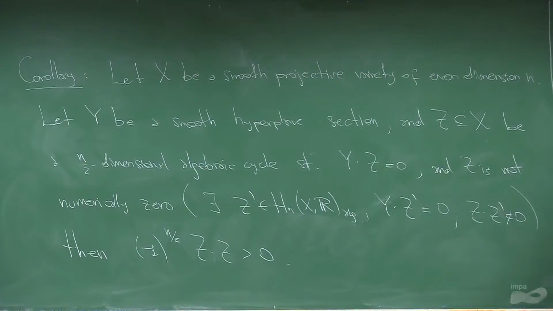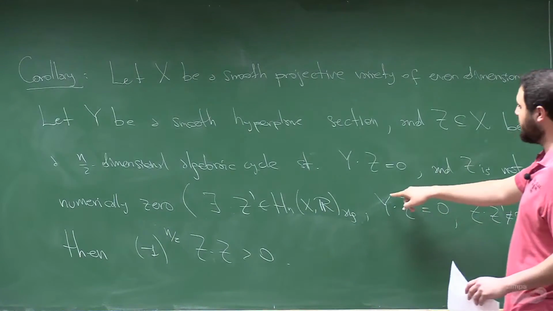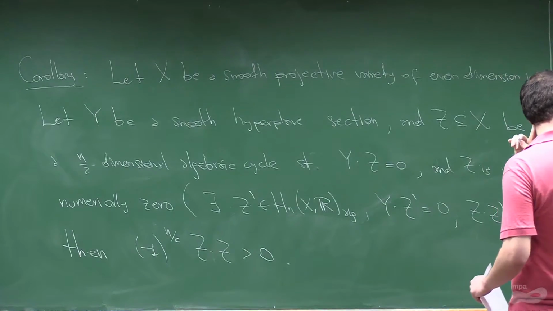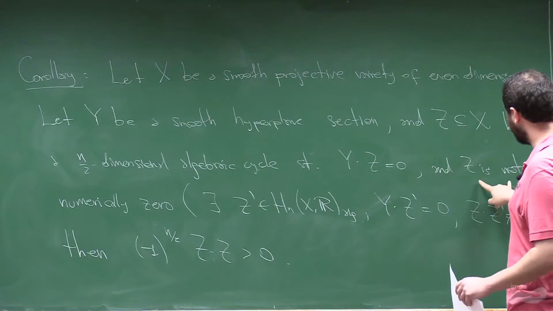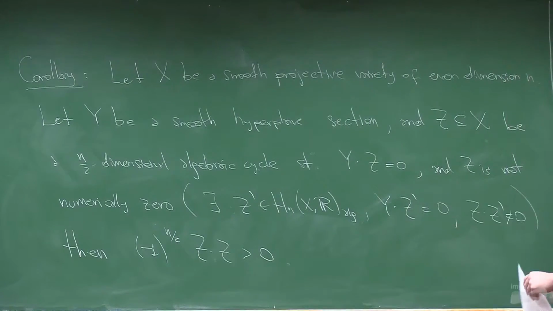Okay, and the proof is trivial. So we know that Z PD, in the primitive de Rham cohomology, is non-zero. I mean, this is that Z is not numerically 0.